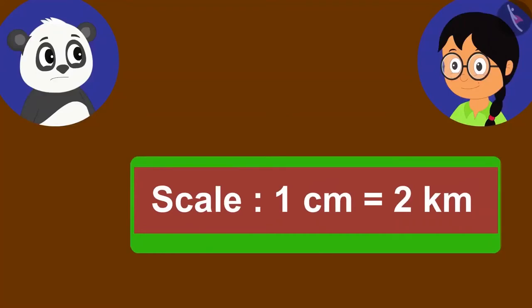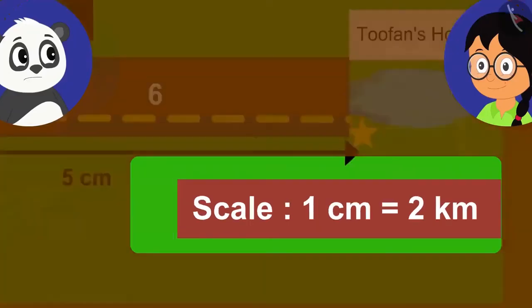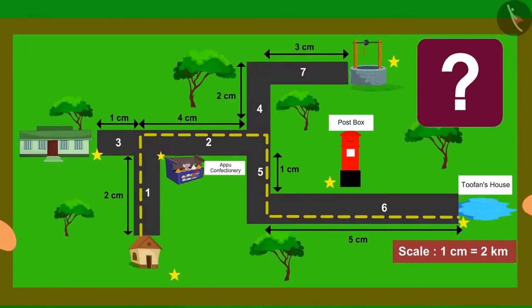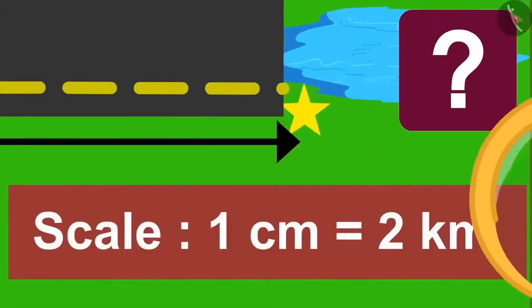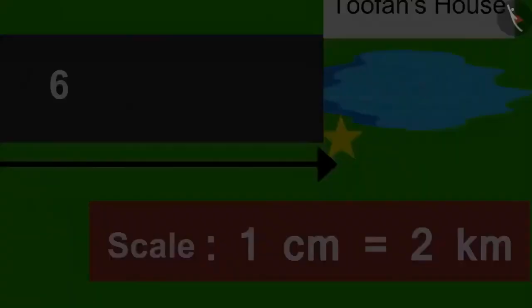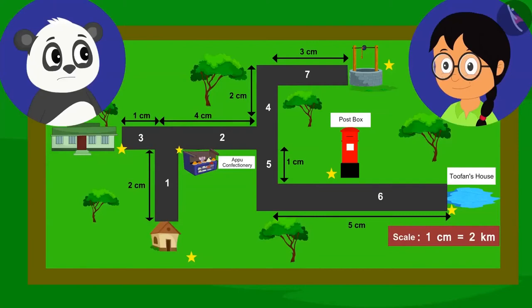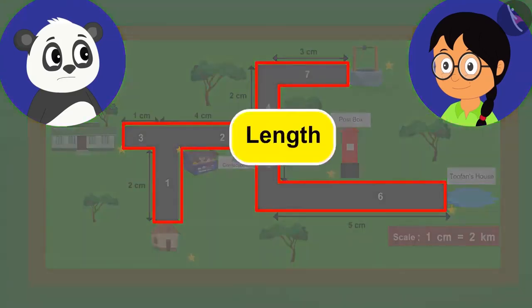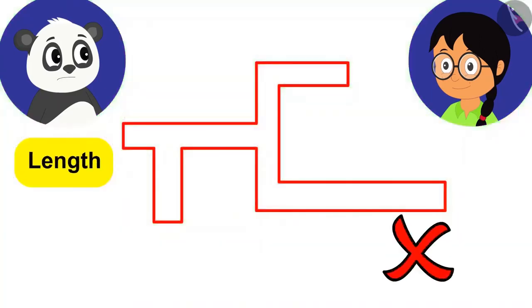What is this? Is this a scale? What is a scale? Children, have you seen a map? Do you know about the scale on the map? Meenu is explaining to Golu that because in reality paths are really long, we cannot show their length on a small paper.